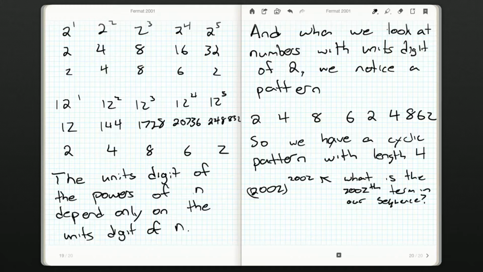Well, our sequence repeats every 4, so it might be a good idea to figure out the remainder of 2002 when we divide it by 4. So the remainder when we divide by 4 is going to be 2.